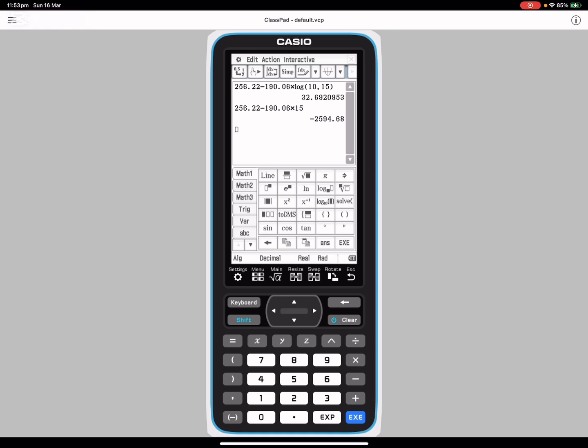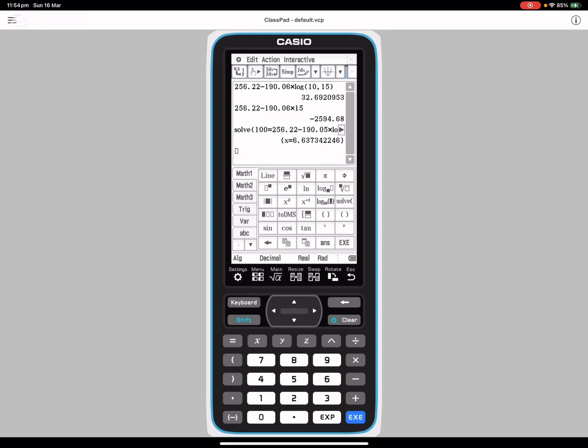Now, hopefully you've got a shift key command set for this. My kids all use shift equals to bring up solve because it's really annoying having to find it all the time. We're going to go 100 equals 256.22 minus 190.06 times log base 10. A Casio calculator is programmed to find x, so I just let it equal x, and then I don't have to comma x at the end. I press execute, and that is my solution.